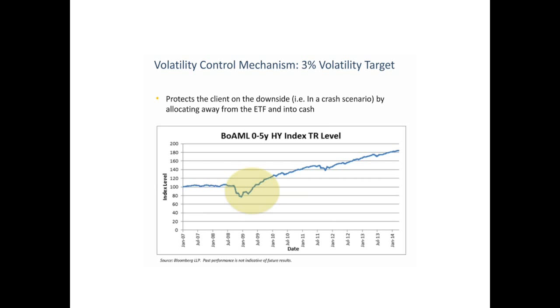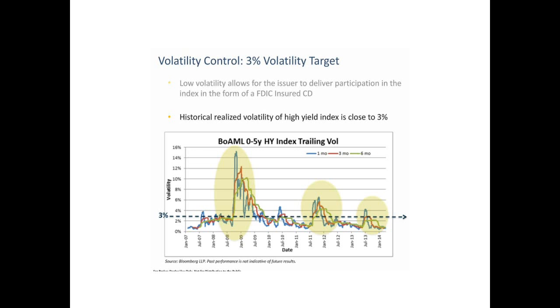Now, there's another edge of the sword, and that is that if there's a sudden spike up in volatility, it's unlikely that the index would capture all of that spike. But the result is a return that tends to stay fairly consistent over time and doesn't jump all around the place.